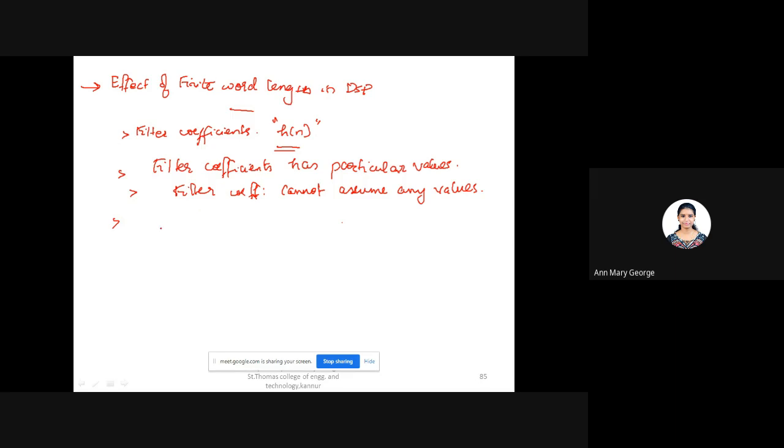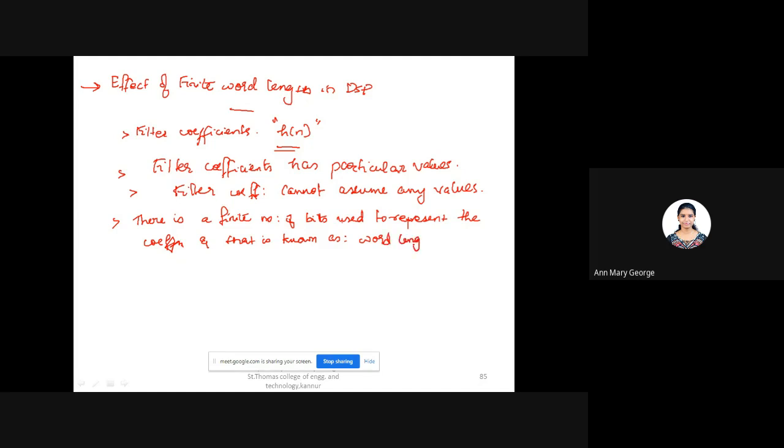Okay, that is, there is a finite number of bits used to represent the coefficient, and that is known as word length. ഈ പോയിന്റ്സ് ഒക്കെ നോട്ട് ചെയ്തോണം.